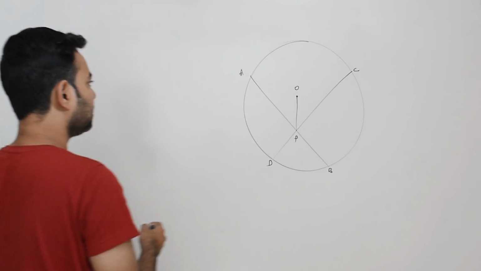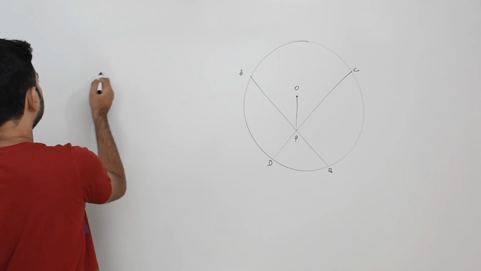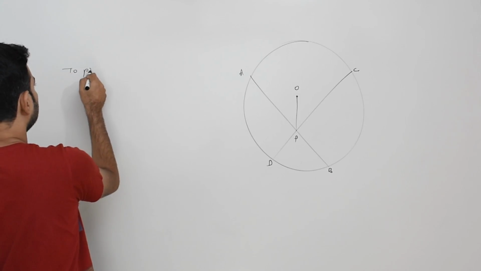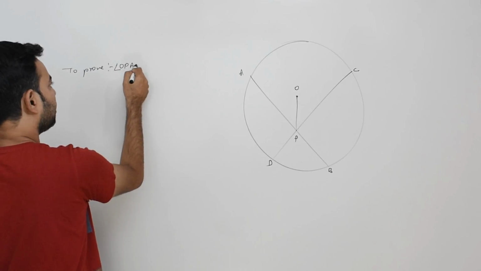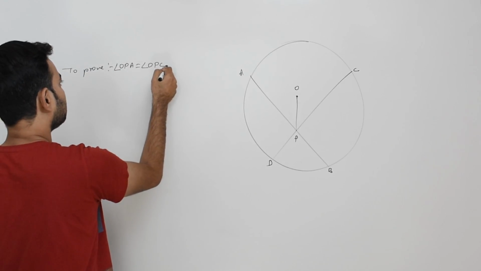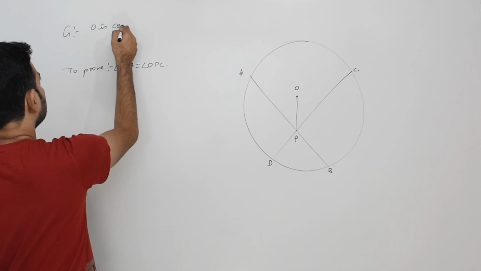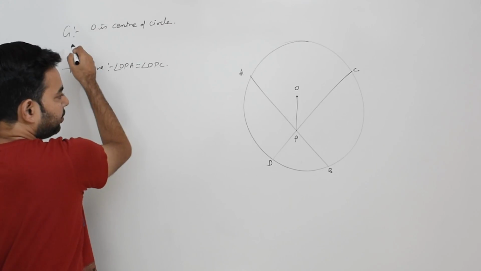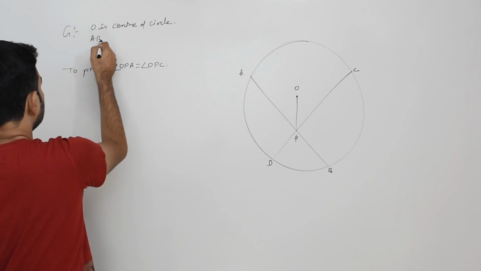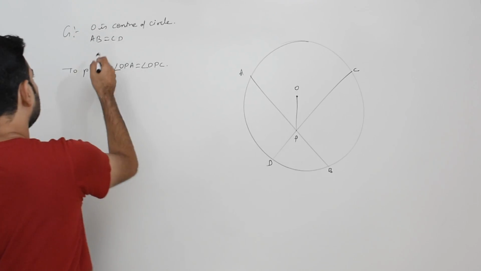It means that angle OPA equals angle OPC. You have to prove this. Given: O is the center of the circle and from the figure AB is equal to CD. The chords are equal.